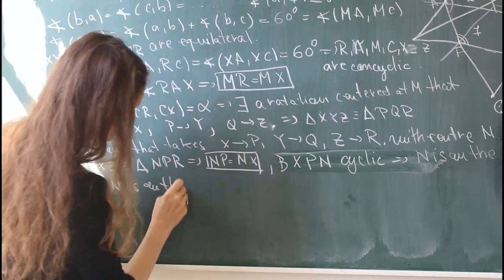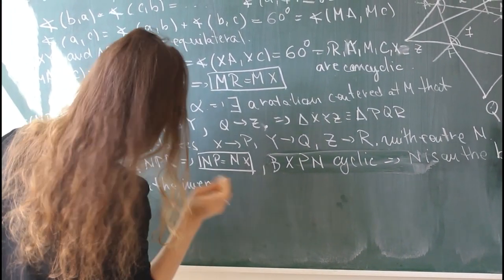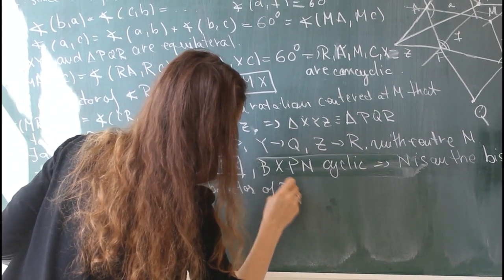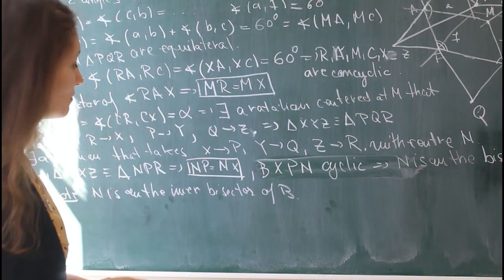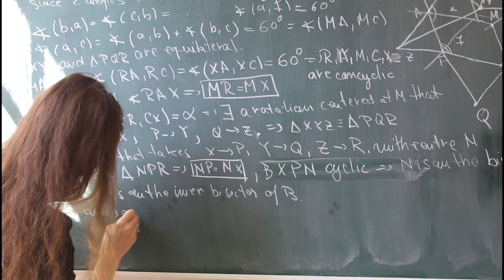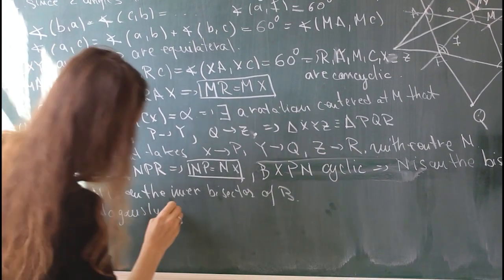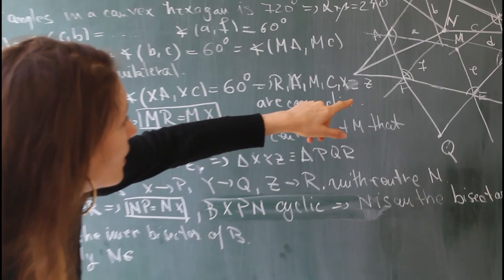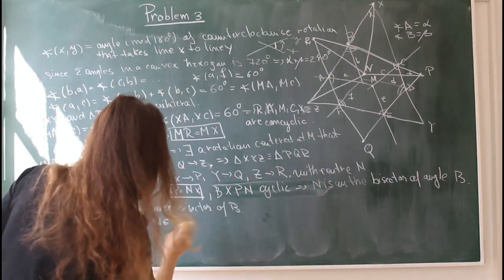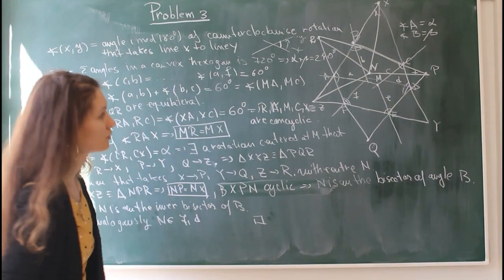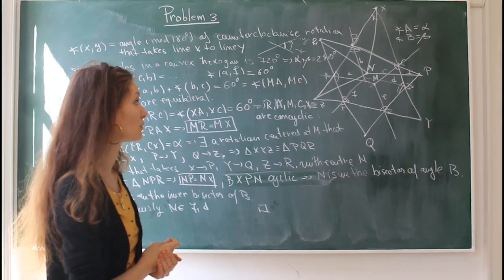So N is on the inner bisector. Analogously, N is on the other bisectors as well, f and d. And the problem is solved: N is the intersection point of the other three bisectors.